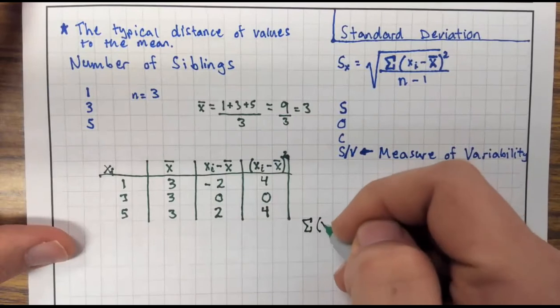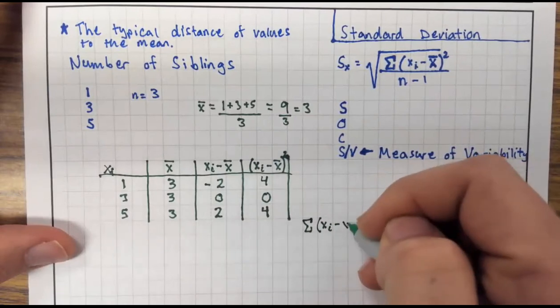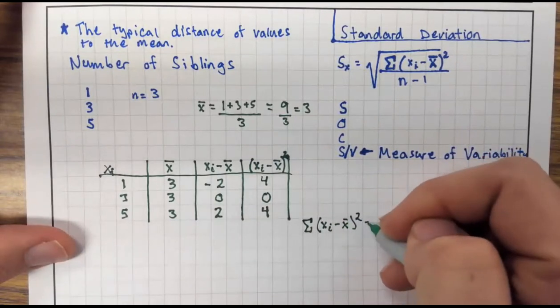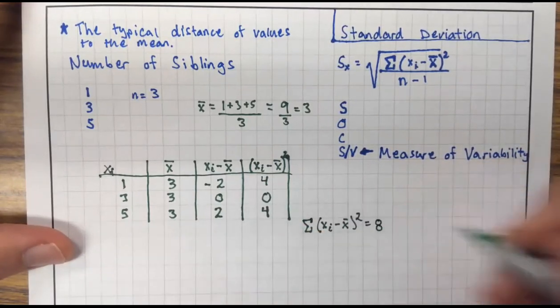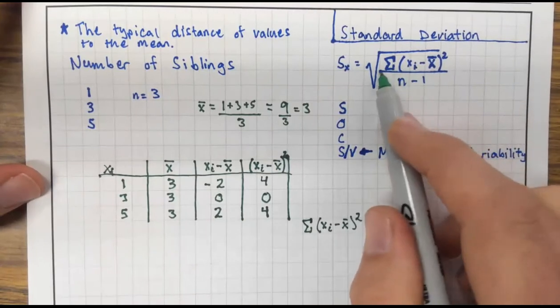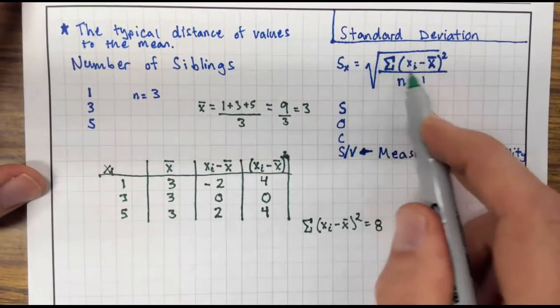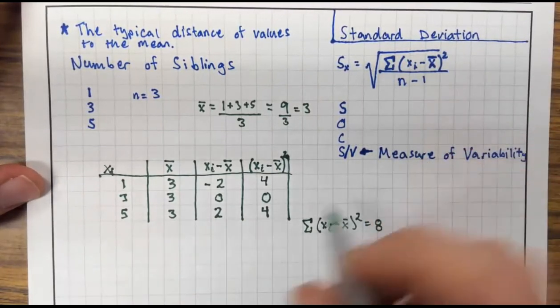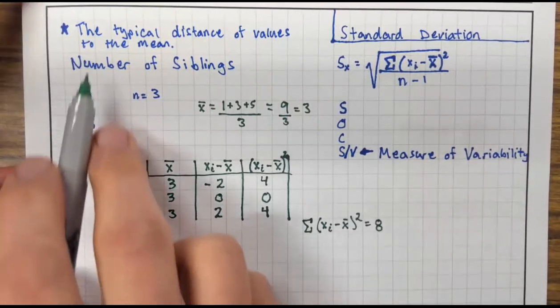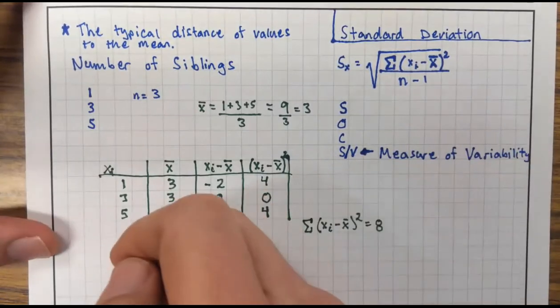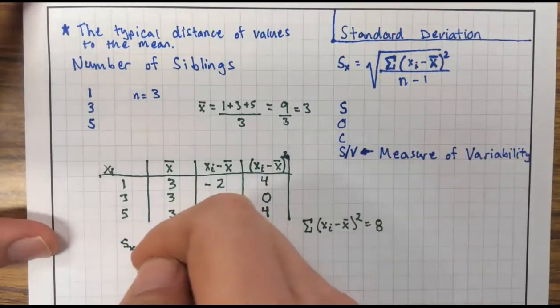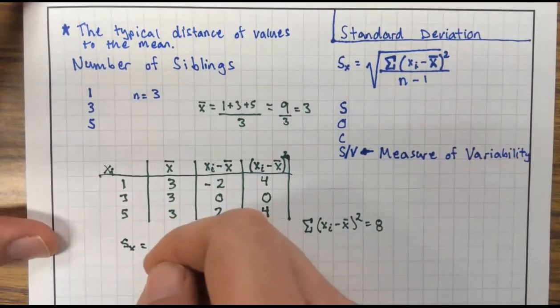The sum of each observation minus the mean squared. If I just add this column, we get 8. Okay, so now that we have this part tackled, the rest is going to be pretty easy. So the sample standard deviation for number of siblings in our class, let me go down here. Sample standard deviation then is equal to the square root of.